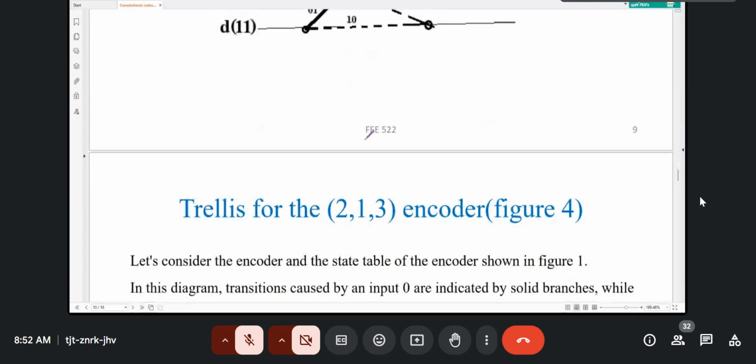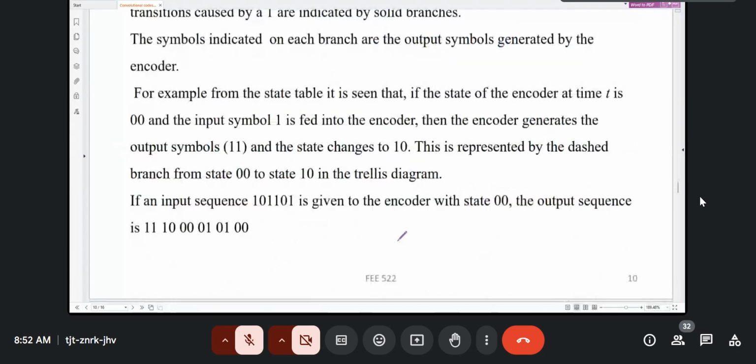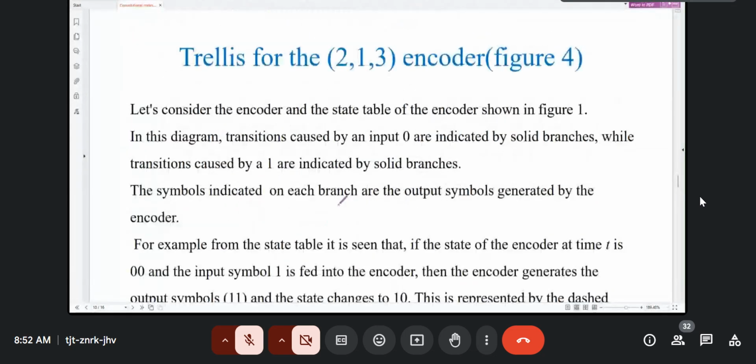And it helps us a lot to understand how the encoder works, how the decoder works. So let's see how the decoder works. Let's consider an encoder and state table of the encoder given in figure 1.